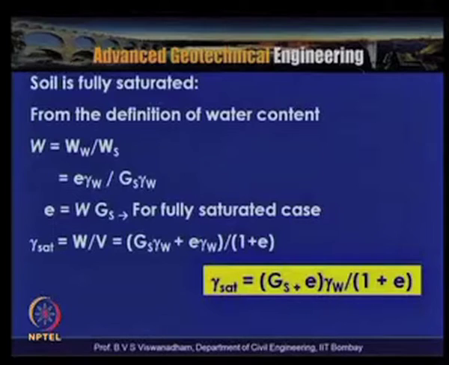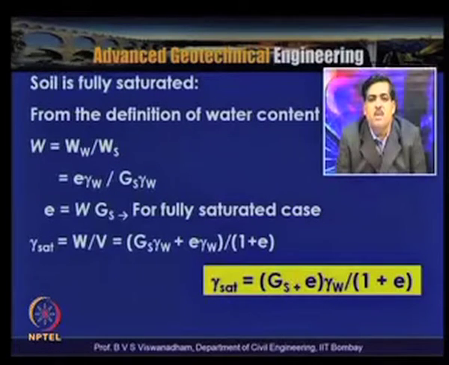So, when the soil is fully saturated, from the definition of water content, we can write w is equal to weight of water to weight of solids. So, weight of water, as in the previous slide, we have seen as e gamma w divided by weight of solids, which is nothing but Gs gamma w, because Vs is equal to 1 we have set. So, with that, the relationship is that e is equal to w Gs.